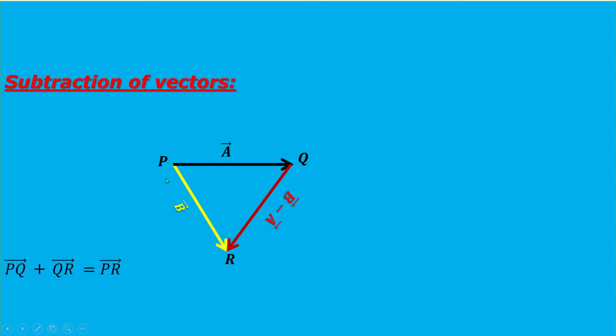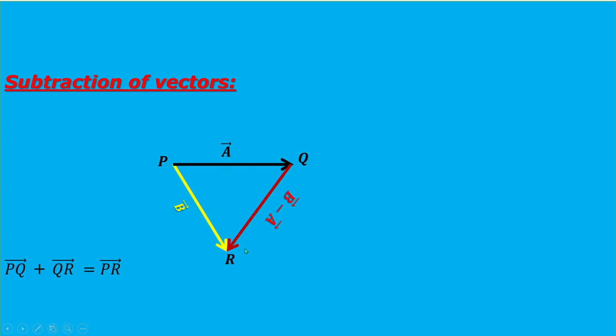Subtraction of vectors. PQ be A vector and PR be B vector. But follow here, the vector of A and the vector of B, their initial points are the same. Then QR equals B vector minus A vector. Follow.